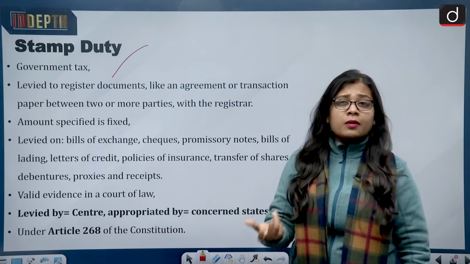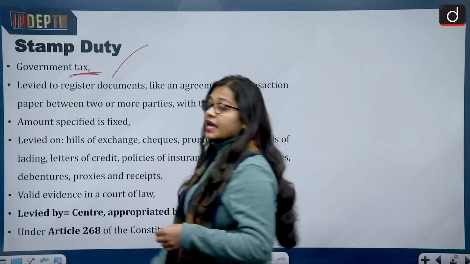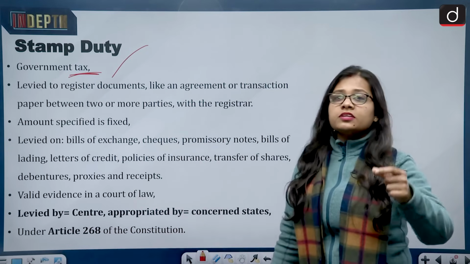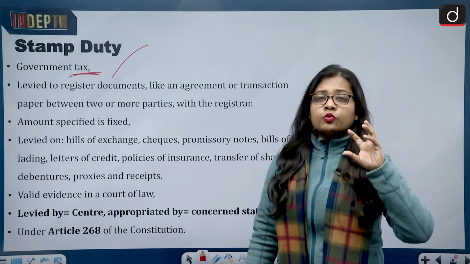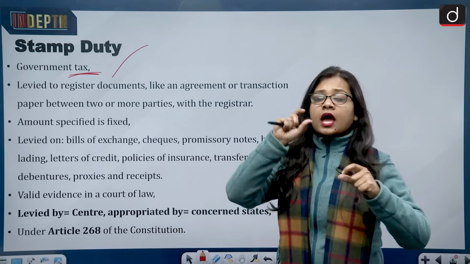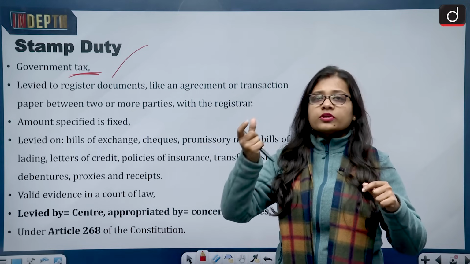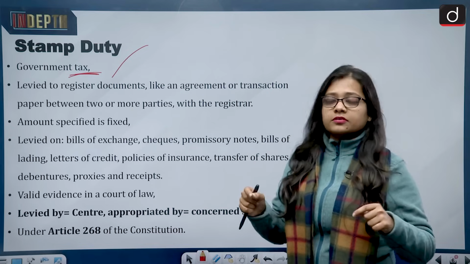So what is this stamp duty? It is a type of government tax. It means that whenever we do any kind of transaction or registry, there is a certain tax which we need to pay to the government. So stamp duty is a government tax.